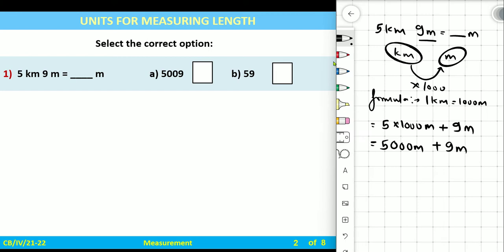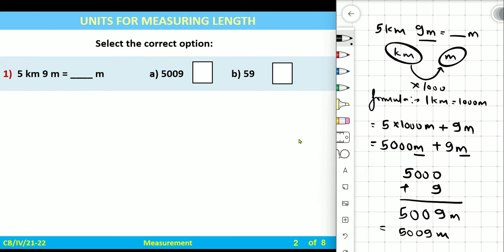Since the units are the same, we can directly add them. So 5000 plus 9: unit place under unit place, 0 plus 9 is 9, then 0, 0 and 5. So the answer is 5009 meter. Let us see. Yes, it's correct.